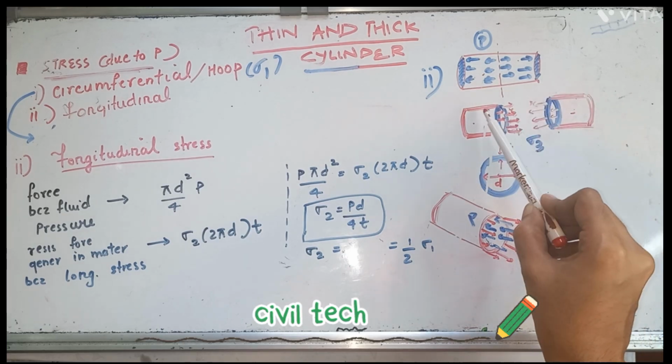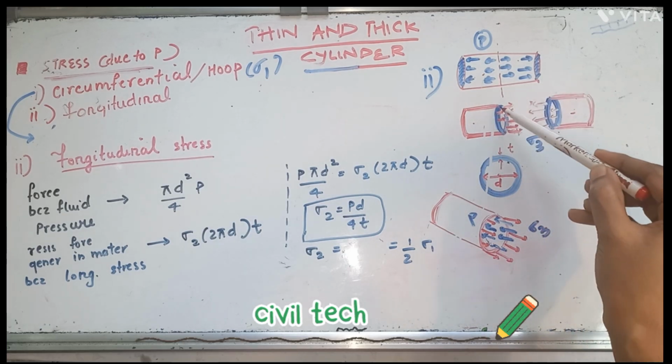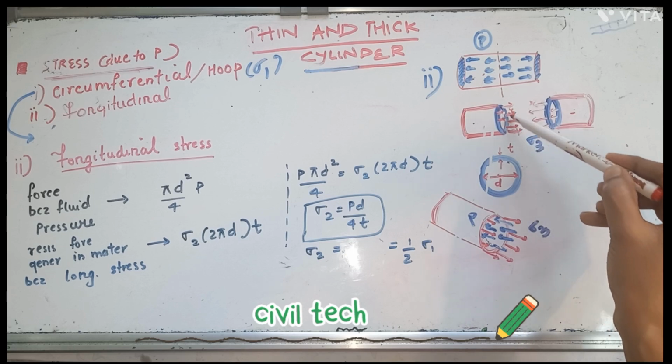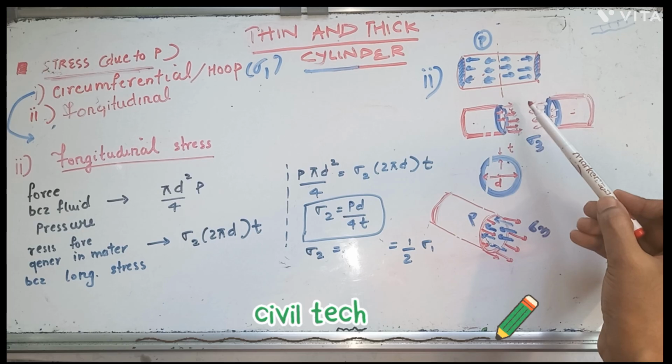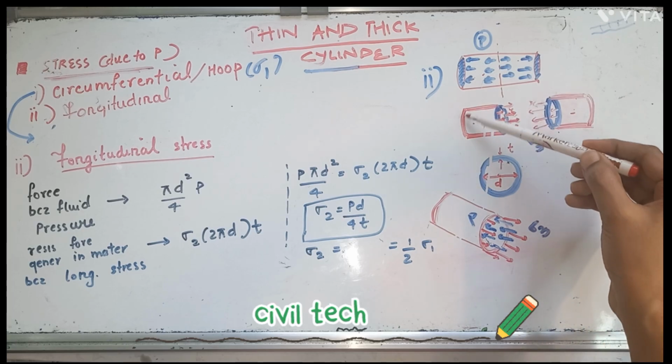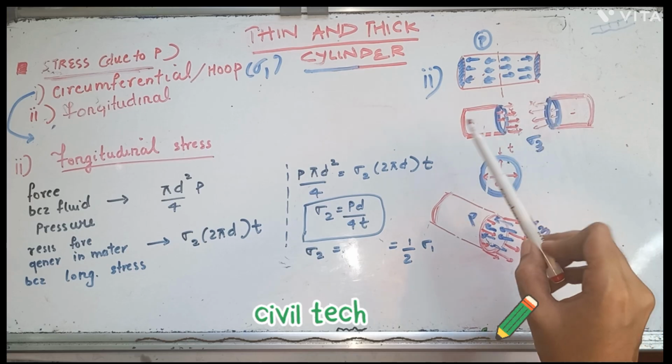Taking this part of the cylinder and looking like this, we will see the thickness of the circle along which it is cut. Inside it is hollow, but as we are looking from here, this is the solid portion, so we will see it like a circle. Same for here also.